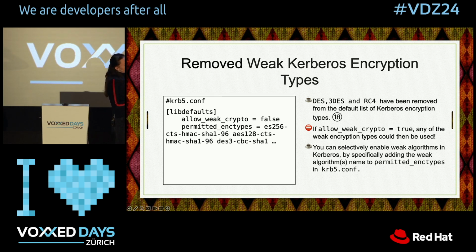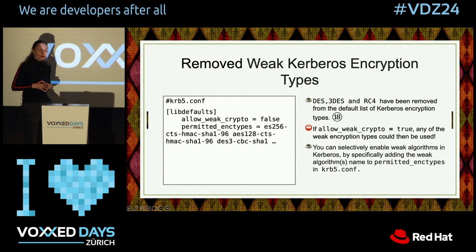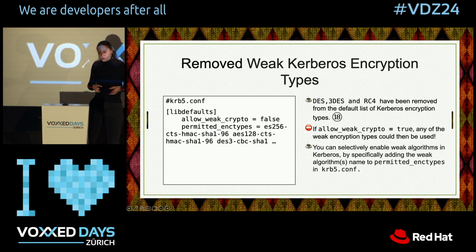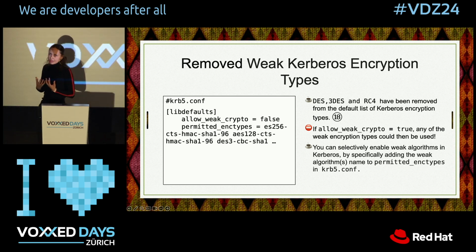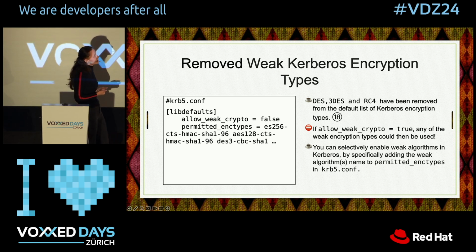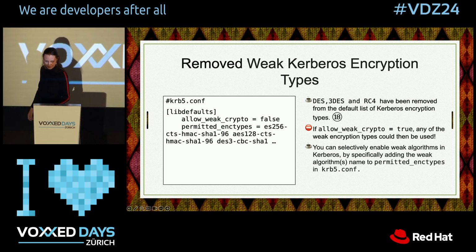That's why you see the example here with allow weak crypto set to false, so that you don't enable everything, but you allow only some encryption types with the permitted enc types property, so that you filter what you know is probably not that safe, and use what you know would be good to use, and not use others that are unsafe.